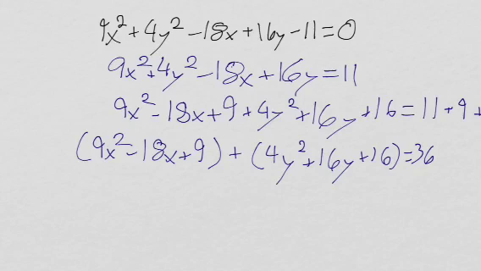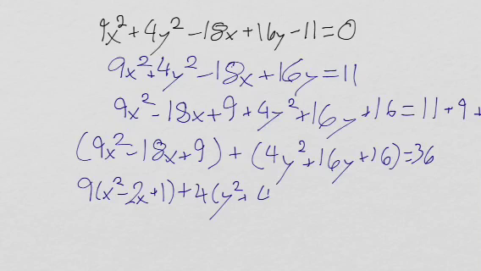So on this left side I can factor out a 9. So I'll get 9 times x squared minus 2x plus 1, plus, and then on this right side we can factor out a 4. 4 times y squared plus 4y plus 4 equals 36.